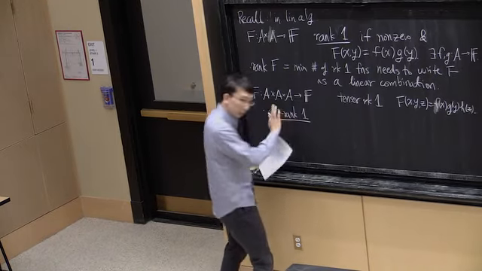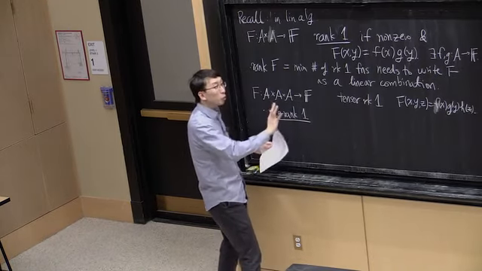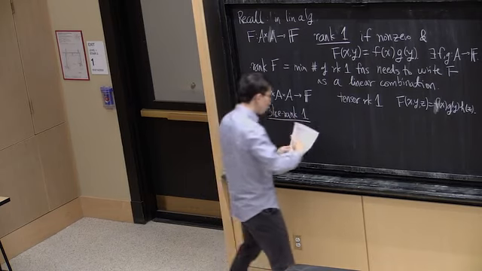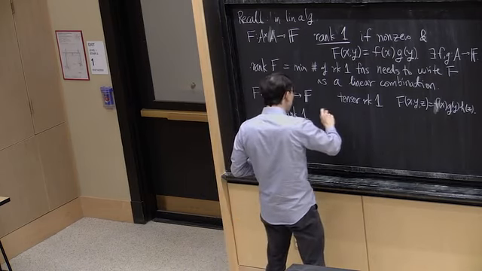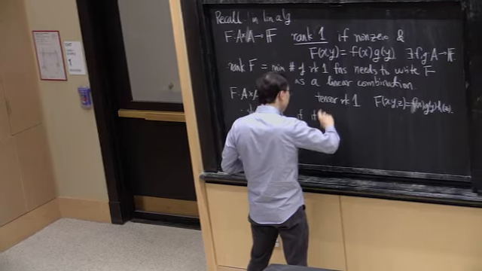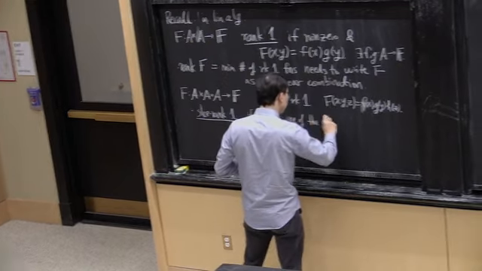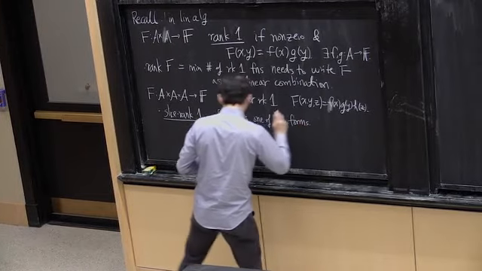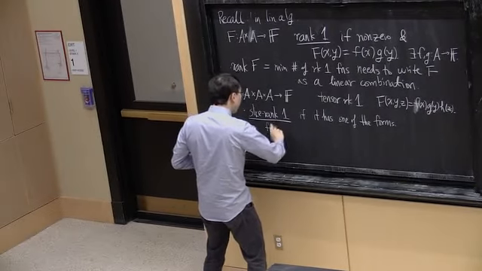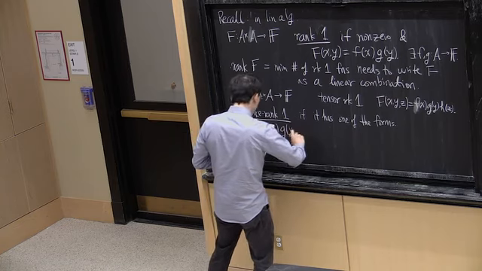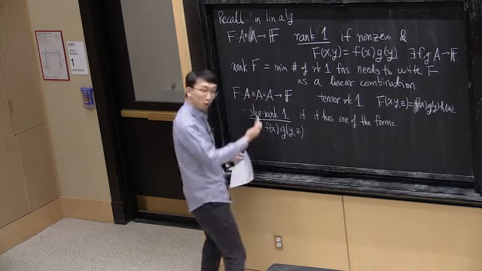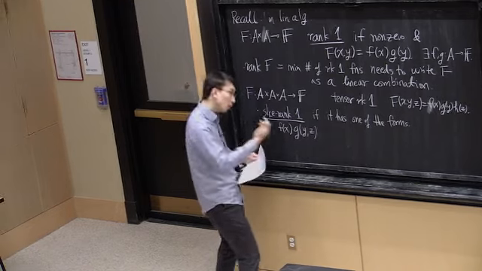This is a definition that was introduced in the context of this problem, although it's also quite a natural definition. If it has one of the following forms, I can write it as a product of a one-variable function and a two-variable function, one variable and the remaining two variables.